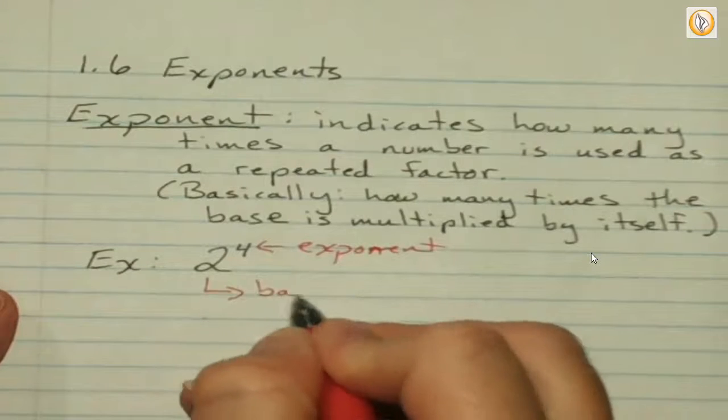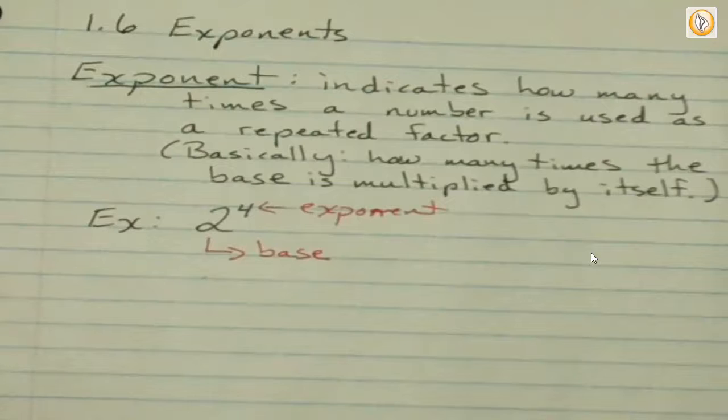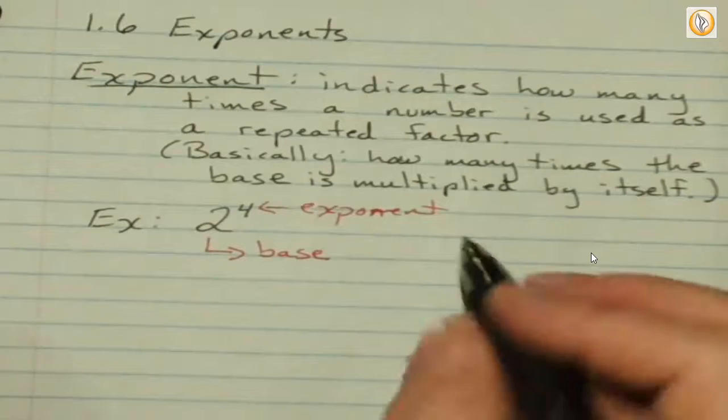This is your base. Now, you are going to hear me refer to this as the base a lot. So you need to know when I'm talking about base, that's what I'm talking about, the big number. Okay? So base is the big number. Exponent is that little guy there.